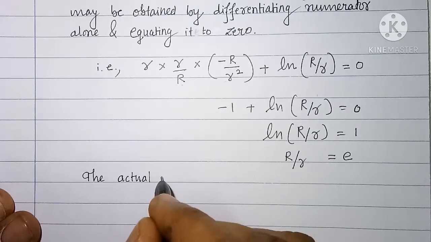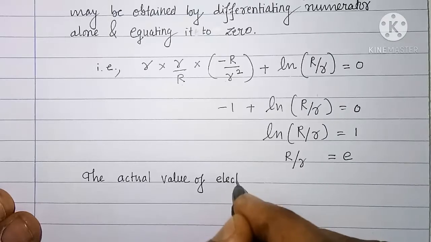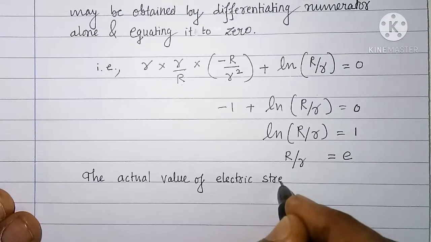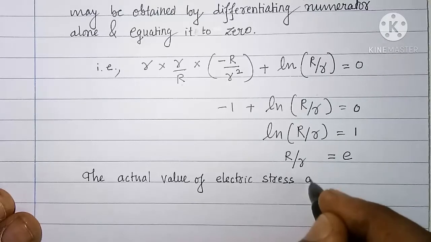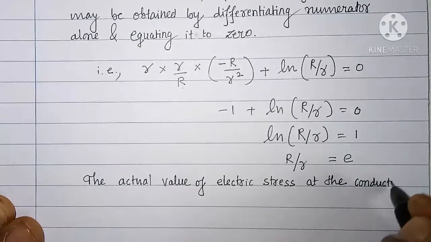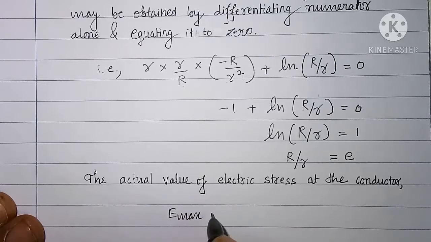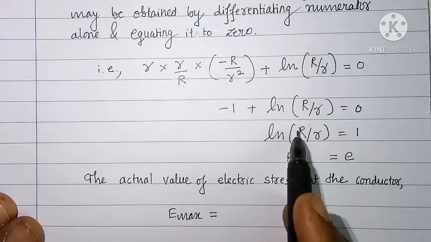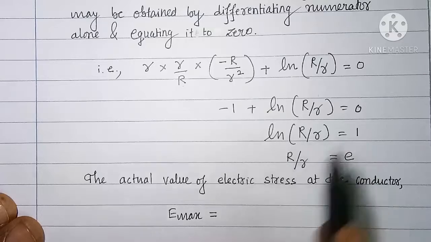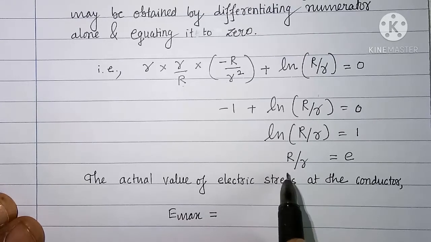The actual value of electric stress at the conductor is given by Emax equal to, that is, in equation 3 we have to substitute for ln of capital R by small r equal to 1 and small r is equal to R by e.